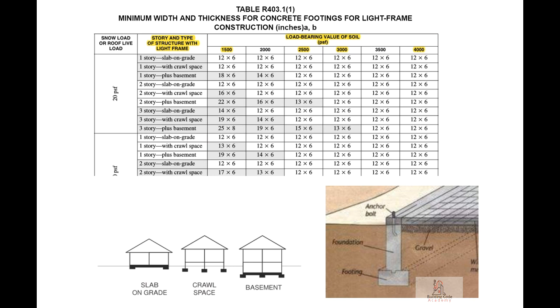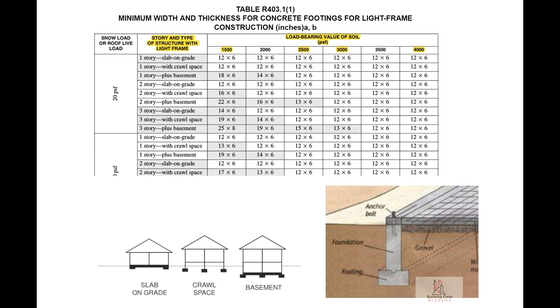Table R403.1.1. Minimum width and thickness for concrete footings for light frame construction, inches. Width and thickness for concrete footings depend on load-bearing value of soil, measured in pounds per square feet value, which varies from 1,500 to 4,000 psf.